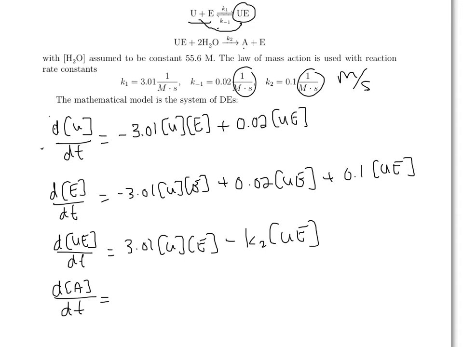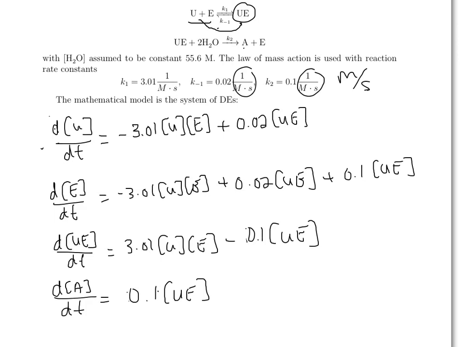And then finally A, our result, comes in at K2, oh, sorry, I should use K2 being 0.1. So let me erase that. So let's see, 0.1, and then that becomes our 0.1 UE.